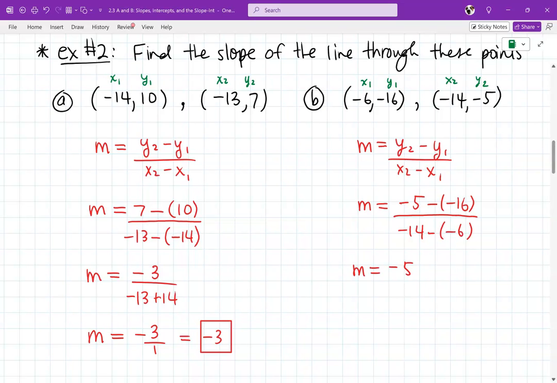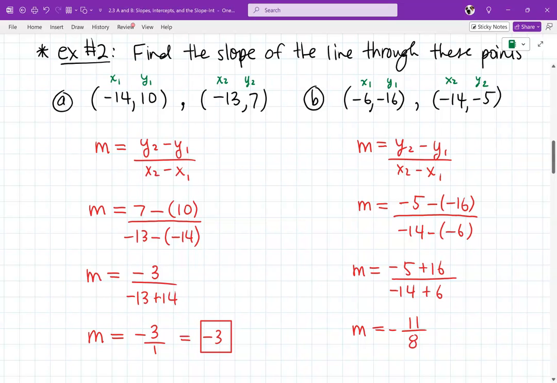So this is negative 5 plus 16 and negative 14 plus 6. Negative 5 plus 16, that's 11, right? And negative 14 plus 6, that's negative 8.